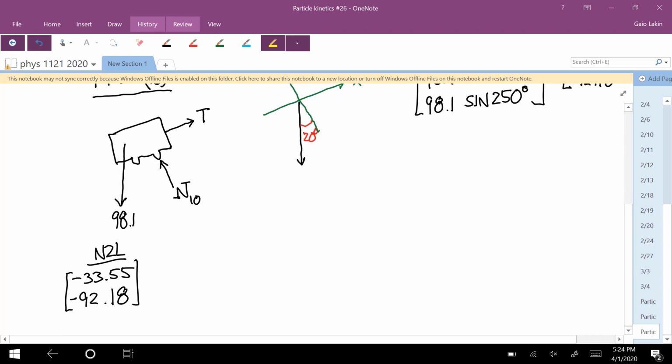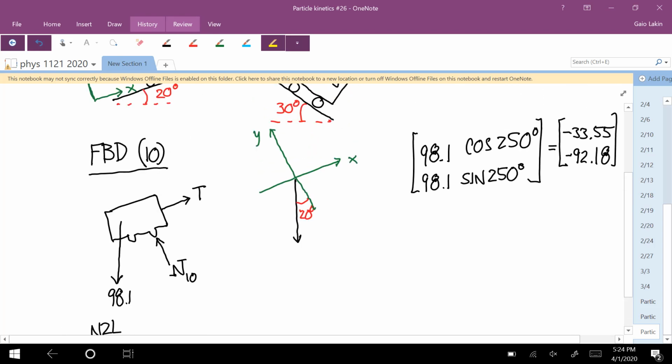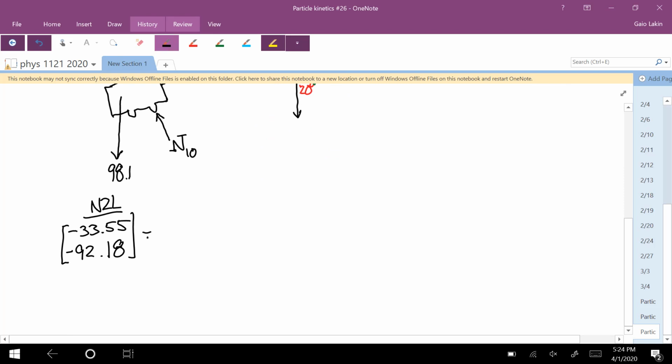And then we have the tension force in our positive x direction. And then we have the normal force in our positive y direction. That's all the forces, and that's equal to the mass of this body times its acceleration.